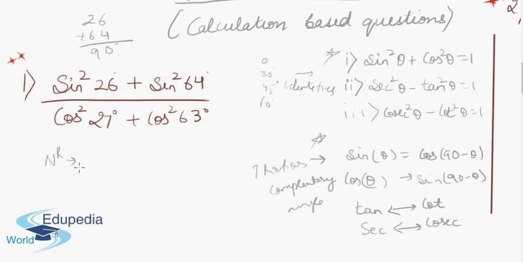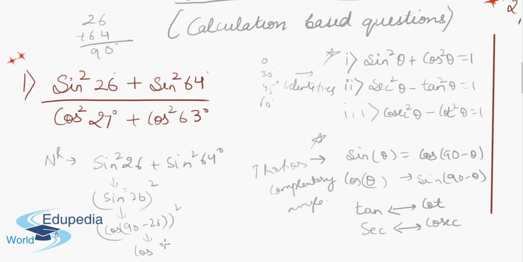So the numerator here is sine square 26 degree plus sine square 64 degree. Apply the complementary pair to one part. First, let this sine square 26 degree be written with the square outside the brackets. On applying the complementary pair, it will become cos of 90 minus 26 whole square, that is cos of 64 degree, because 90 minus 26 is 64 degree, or cos square 64 degree.